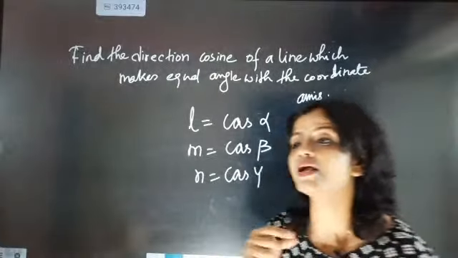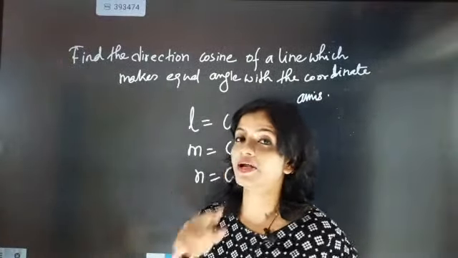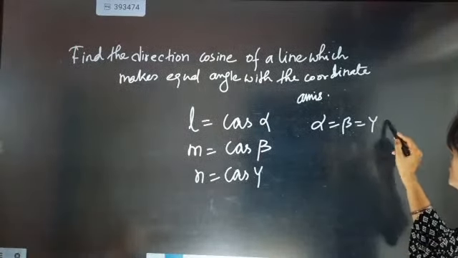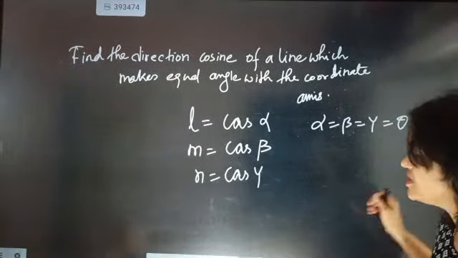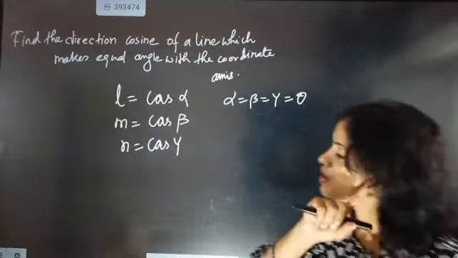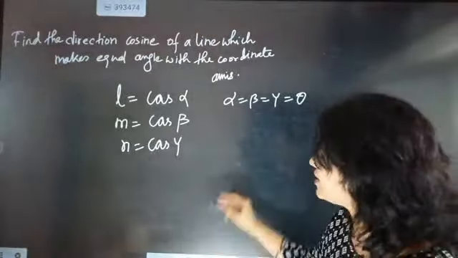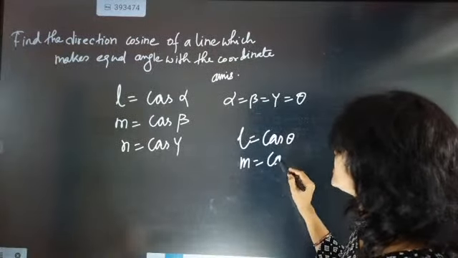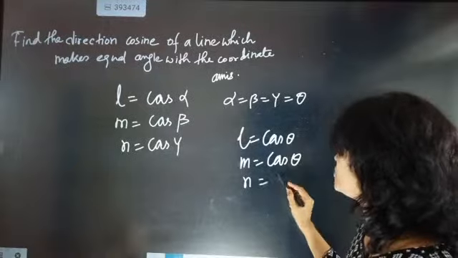But here they are telling that this line will be subtending equal angle. So alpha equals beta equals gamma equals theta. Since the angle is same, alpha, beta, gamma all become same. So we write L equal to cos theta, M equal to cos theta and N also equal to cos theta.